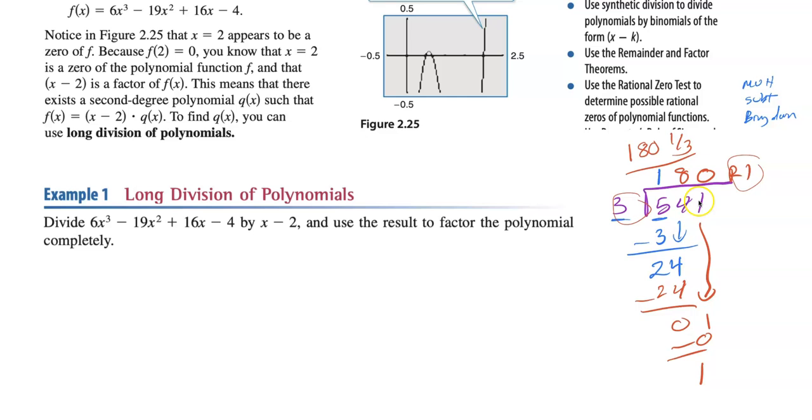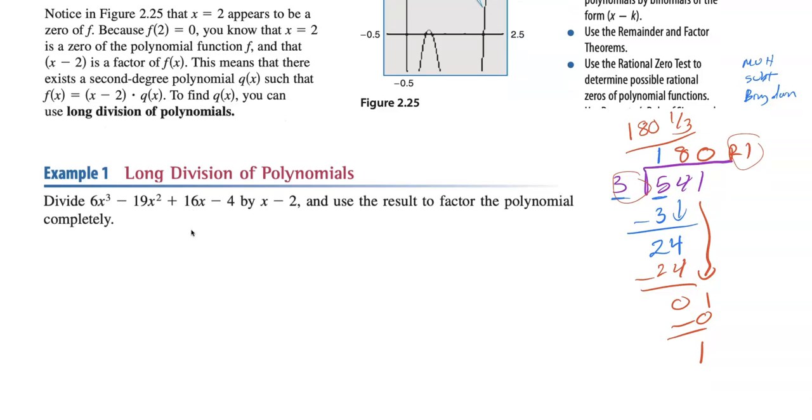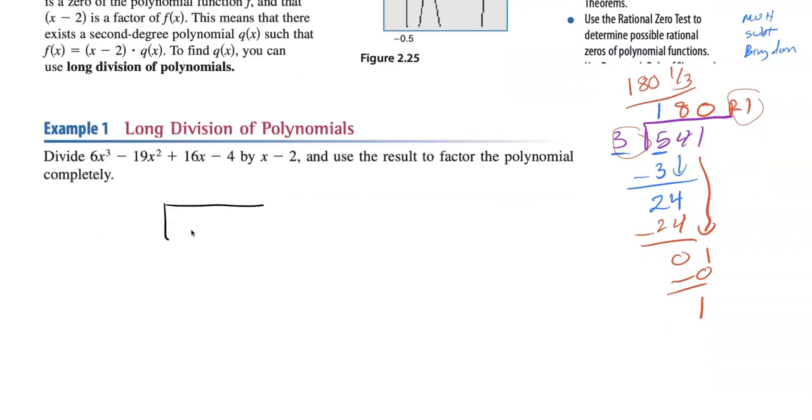That's long division. When we do long division of polynomials, it's the exact same process. So we're going to do the exact same thing. It gets a little long, but we'll see. 6x cubed minus 19x squared plus 16x minus 4 divided by x minus 2. We start the same way.